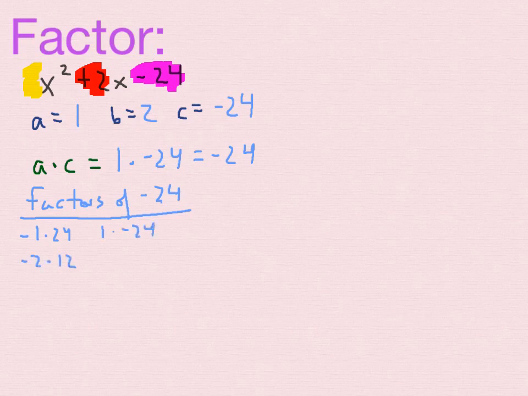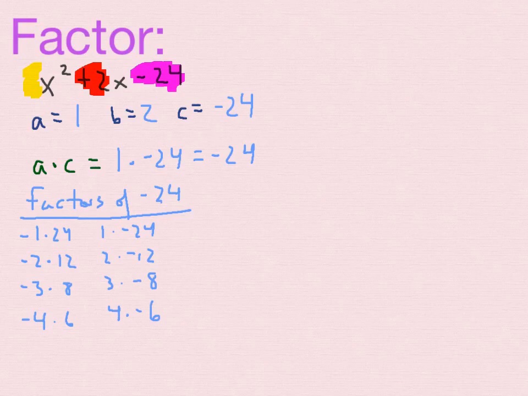Negative 2 times 12, 2 times negative 12, negative 3 times 8, 3 times negative 8, negative 4 times 6, and 4 times negative 6. This is unfortunately a tedious process sometimes.